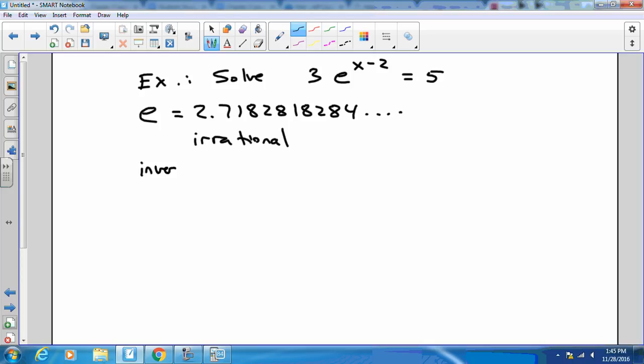And its inverse of e to the x is, of course, log base e of x, but we're going to use a special symbol for it. We're going to call it the natural log of x.